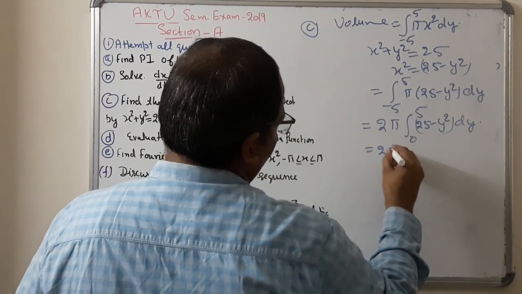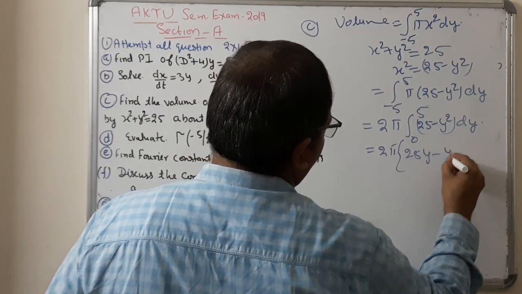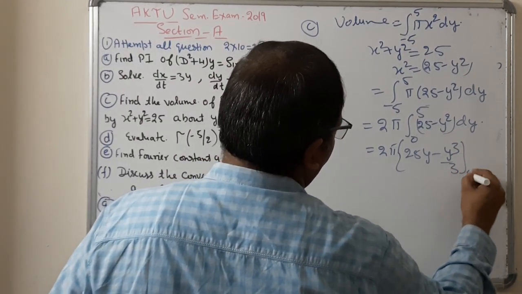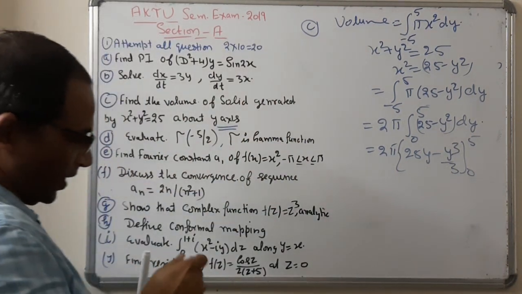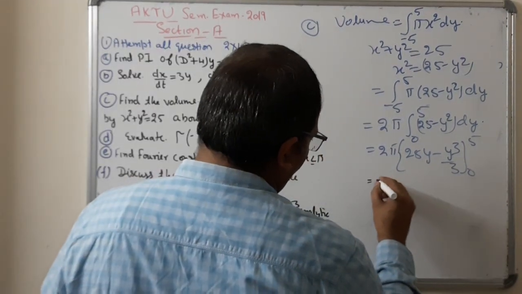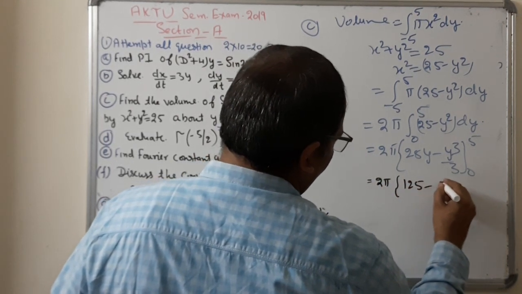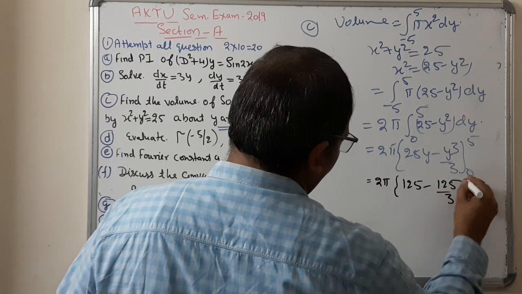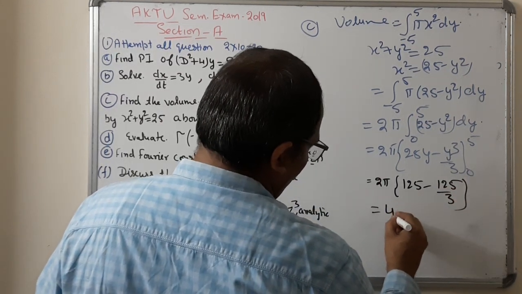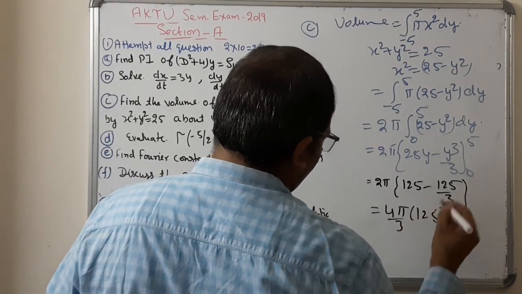Integrate this: 2 pi, (25y minus y cube upon 3), from 0 to 5, and then put the values 0 to 5. That is equal to 2 pi times (125 minus 125 upon 3), that means 4 pi by 3 into 125.